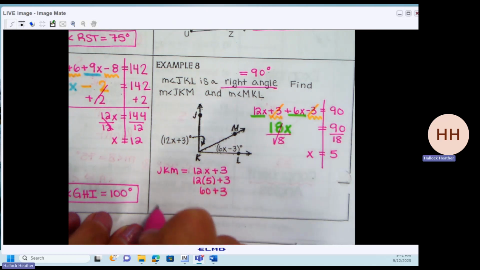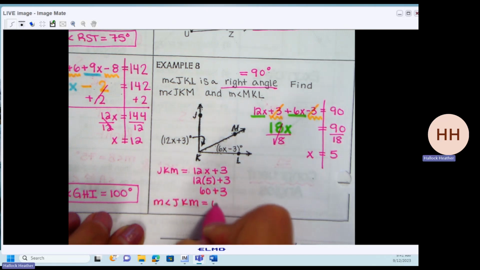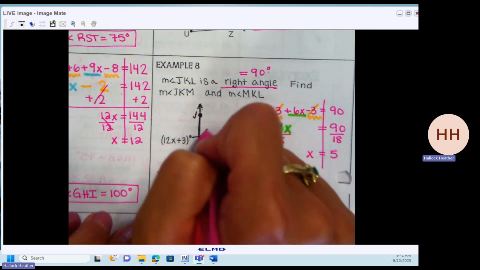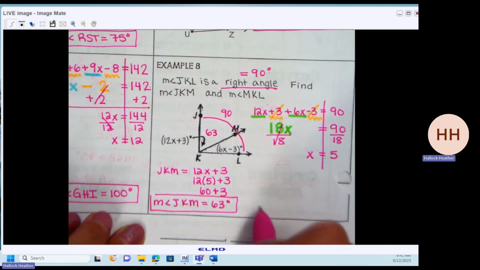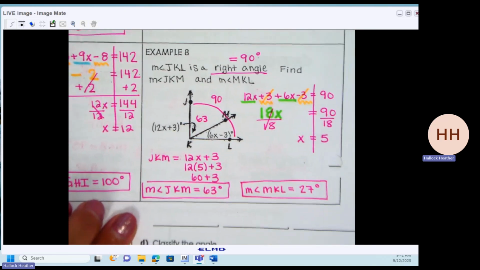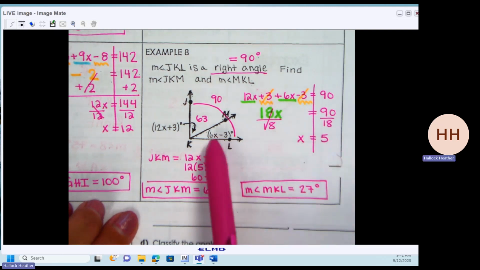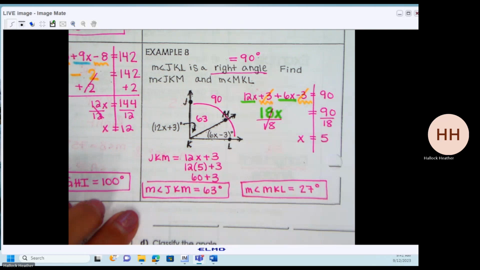If I add 3, what is the measure of angle JKM? 63. Okay. So if this is 63 and the whole thing makes 90, what is the measure of angle MKL? 27. Because 27 plus 63 makes a total of 90. And if that's far over your head, you could take x and plug it in and do 6 times 5 minus 3.